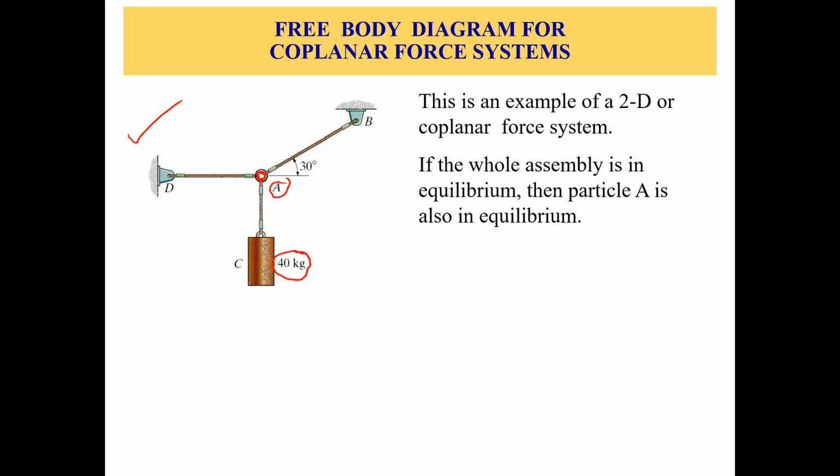We will draw a free body diagram and then apply equations of equilibrium. We'll talk about equations of equilibrium in a minute. Let's first focus on the free body diagram.